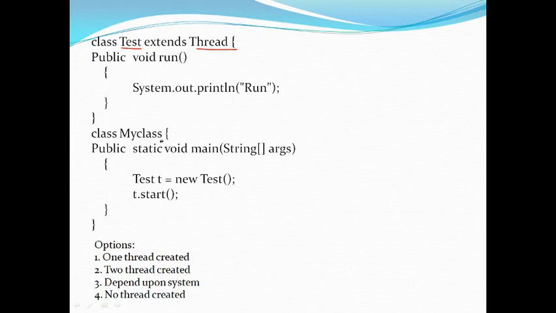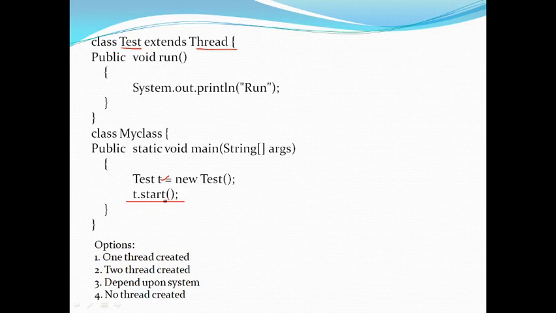After that, I have another class, my class. Within that, I have the main method, which is my driver class. Within that, for the test class, I am creating one object, and with the help of the object, I am calling the start method. The test class is extending the Thread class. That's why it has the start method and the run method also.